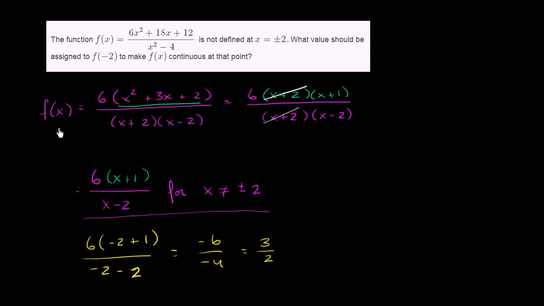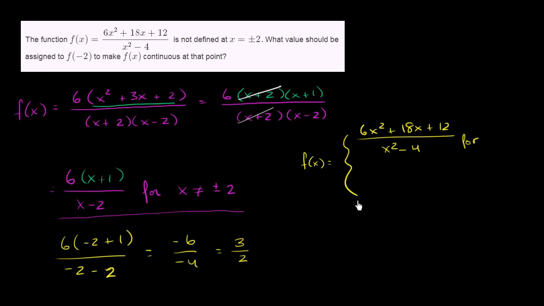So if we redefine f of x, if we say f of x is equal to (6x squared plus 18x plus 12) over (x squared minus 4) for x not equal to positive or negative 2, and it's equal to 3/2 for x equals negative 2, now this function is going to be the exact same thing as this right over here.